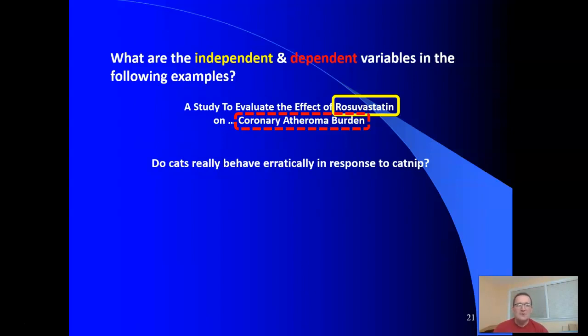I'm sure there are some cats who are relatively immune to it, but yes, catnip makes cats crazy and happy. Okay, if we know that, the independent variable, of course, is the catnip, right? Let's check. Yeah. And the outcome, the dependent variable, is behaving erratically. However, you could define that by how much they move, by how predictable they are. Any way you want to define it, that's the outcome.